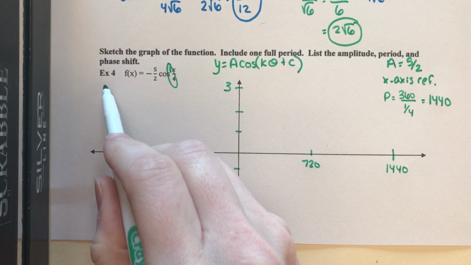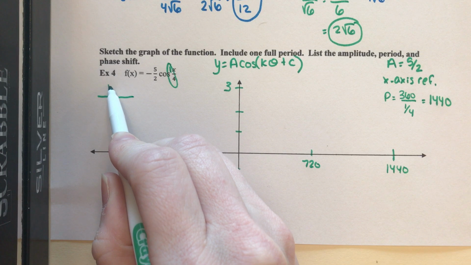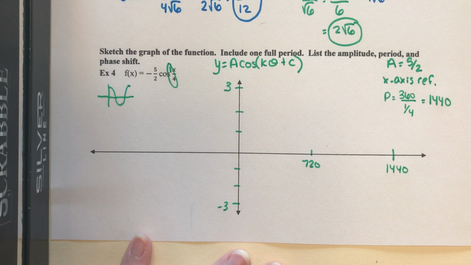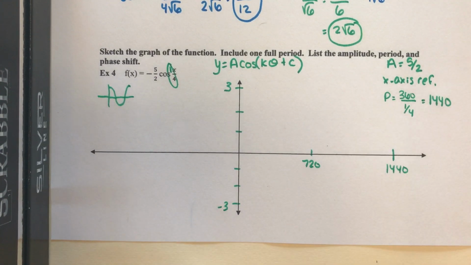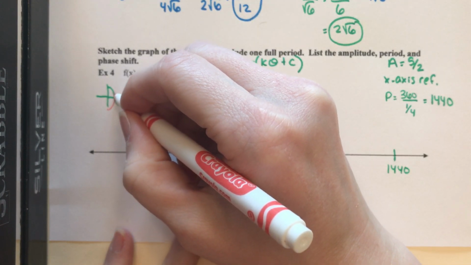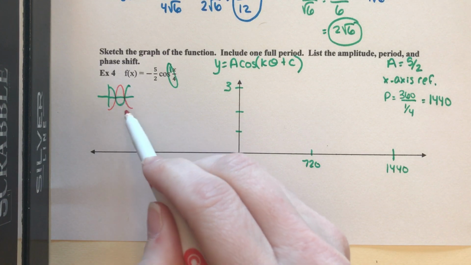Now over here on the side, I'm going to draw a quick cosine graph. So cosine normally looks like this. So I'm going to be making that shape. The problem is that I have an x-axis reflection. So instead of starting at 1, I'm going to flip it. It's going to look more like this now. So I'm going to make this red shape here.